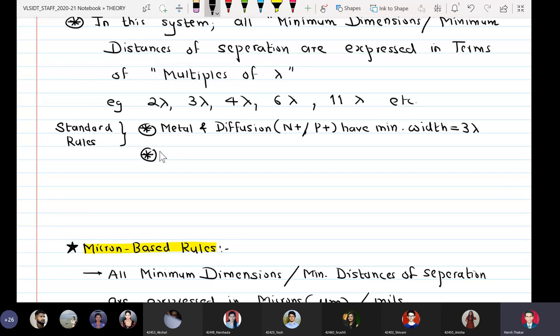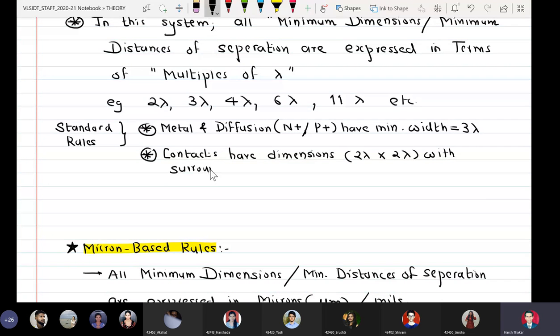The second standard rule is contacts have dimension 2 lambda by 2 lambda and are surrounded by layers with surroundings of 1 lambda.